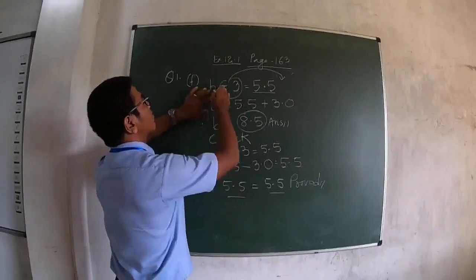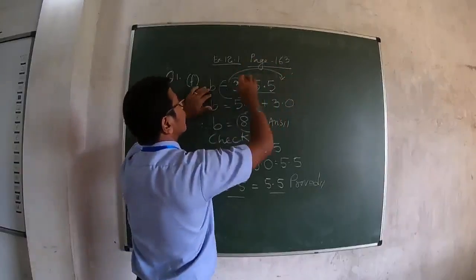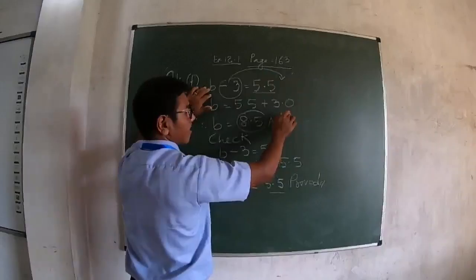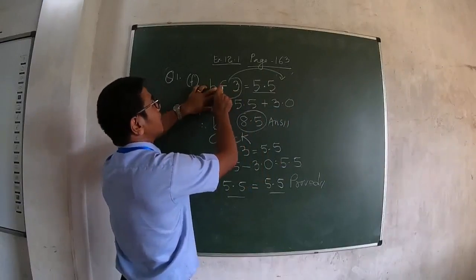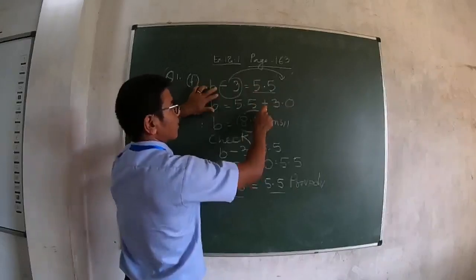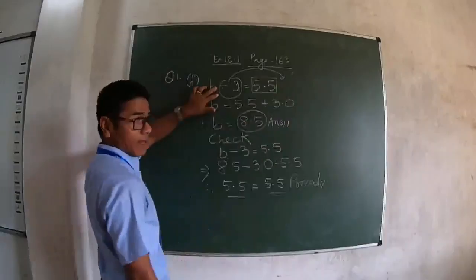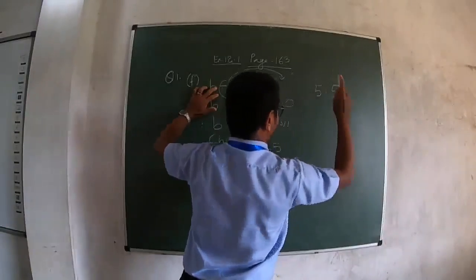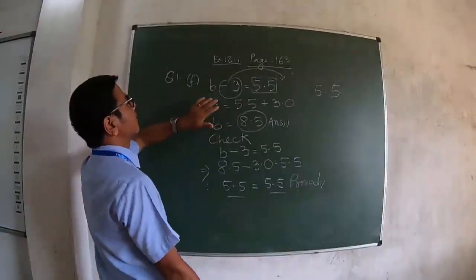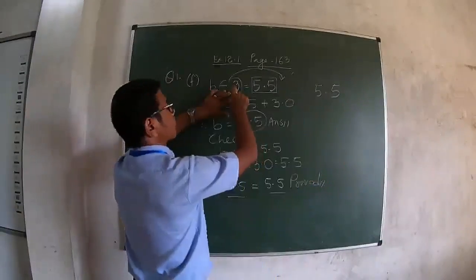The number which we have, minus 3, moves or is transported towards the right. Before it, it has a minus sign. So this minus moves to the right. But the right number has a decimal, right? So it is 5.5. Now, this 3, see, a number 3, it's a whole number.